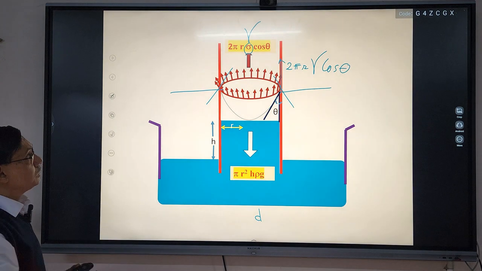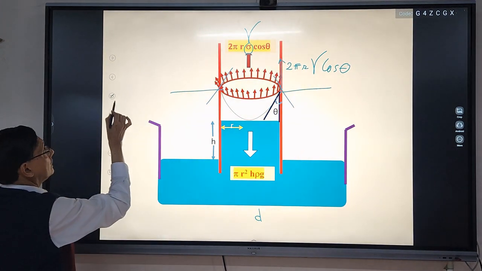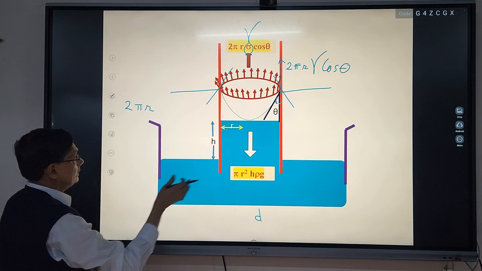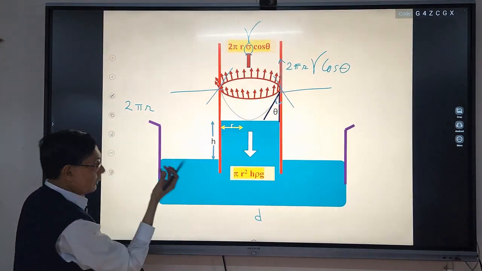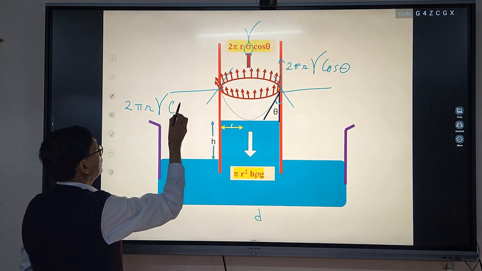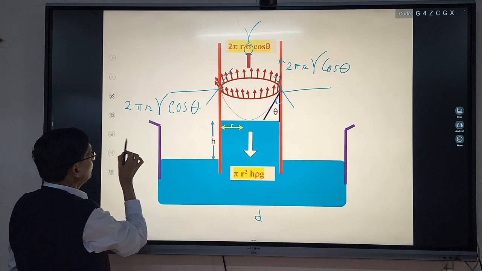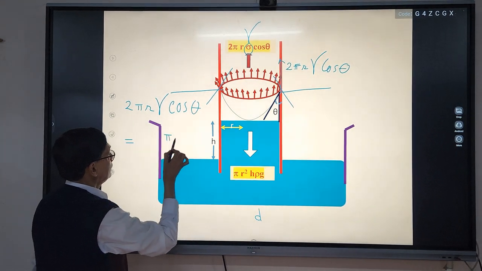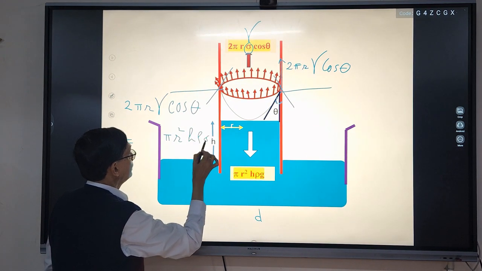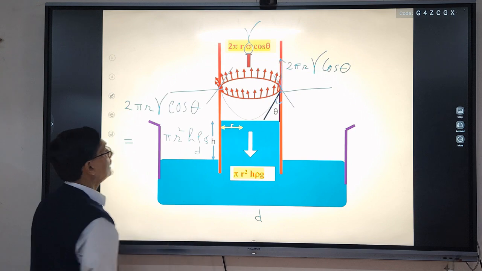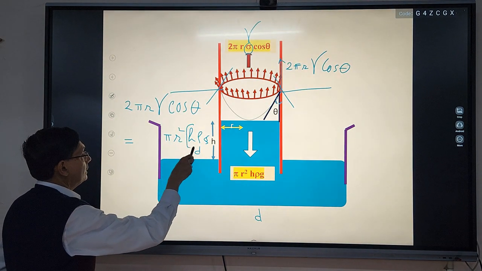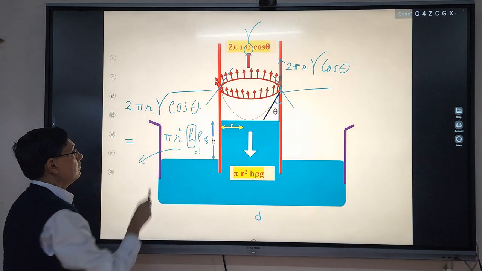If I equate these two things, 2 pi r gamma cos theta, the upward force due to surface tension, equals pi r square h d g, the weight of that liquid. So you can calculate h by that formula.